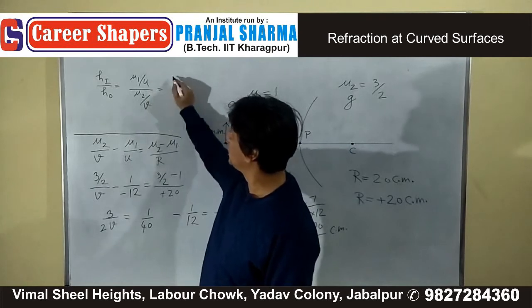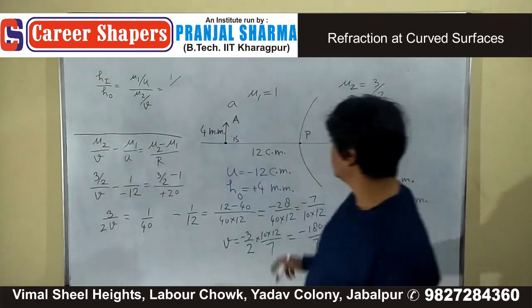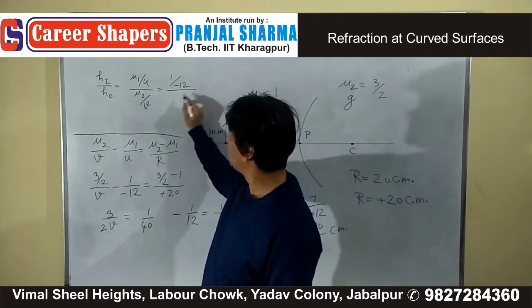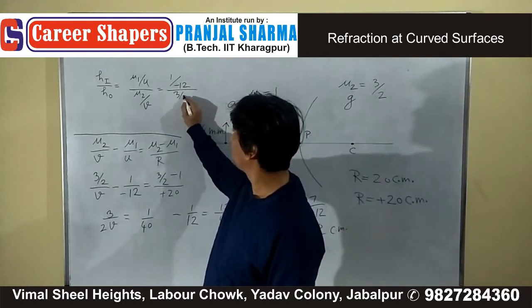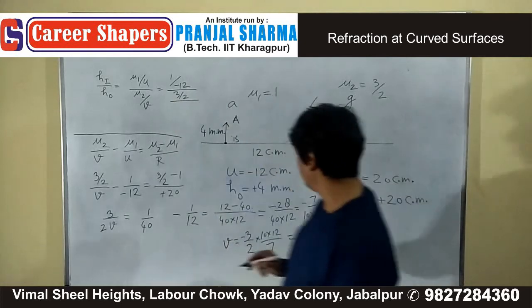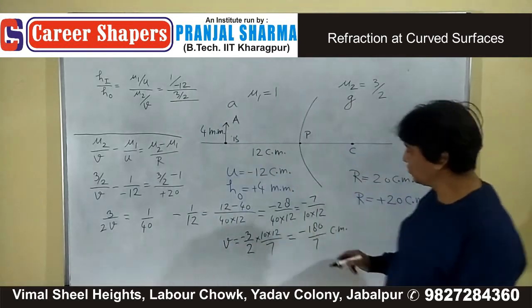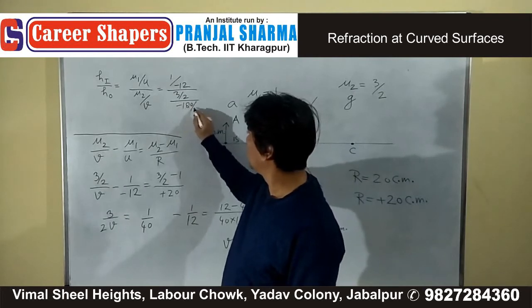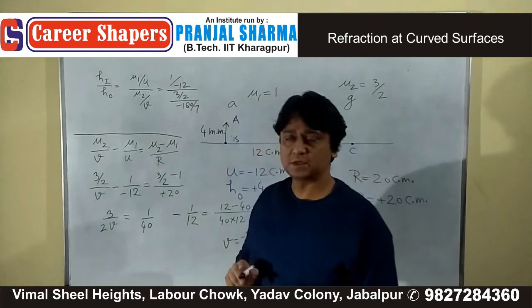Now, mu1 is 1, U is minus 12, divided by mu2 is 3 by 2 divided by V, which is minus 180 divided by 7.